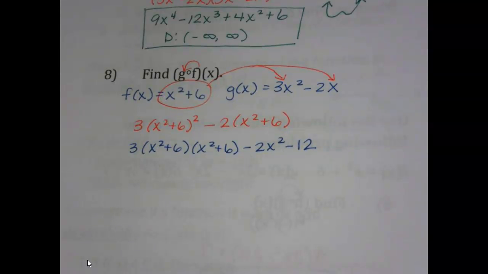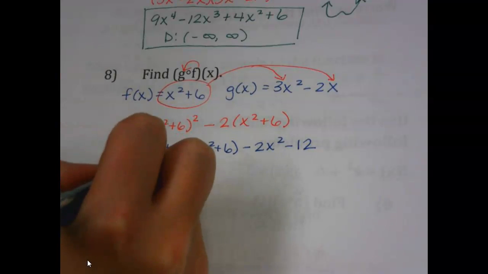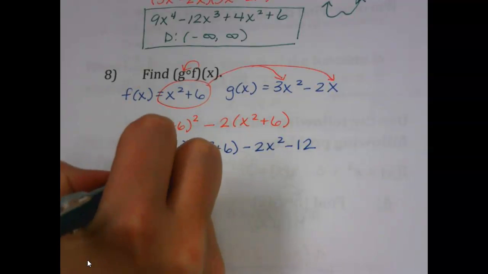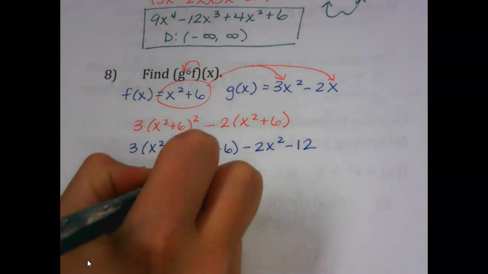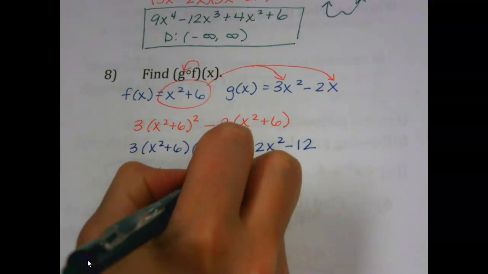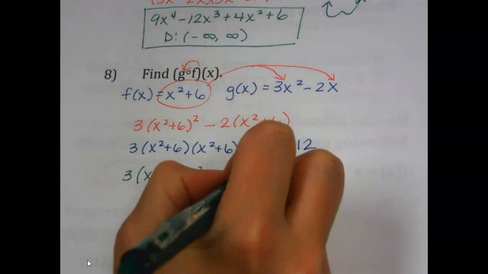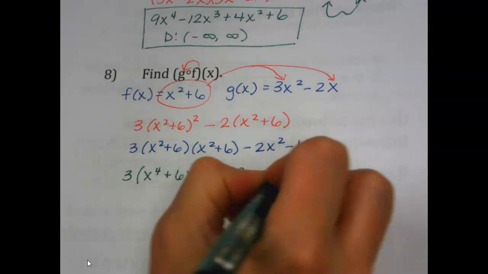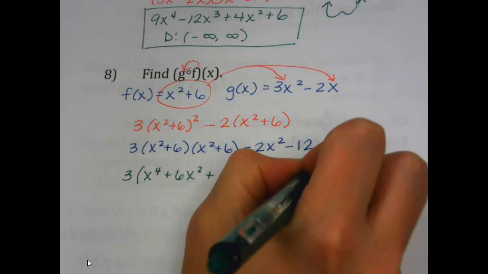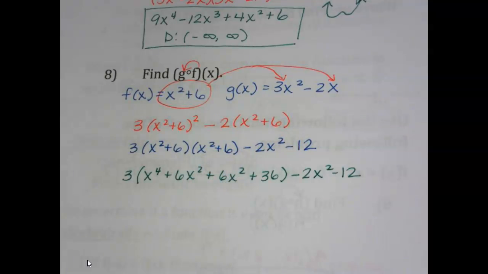And then we need to do a lot of simplifying here. So we need to multiply those together. Keep that 3 on the outside. We have x to the 4th plus 6x squared plus another 6x squared plus 36. We still have the minus 2x squared minus 12 out there.